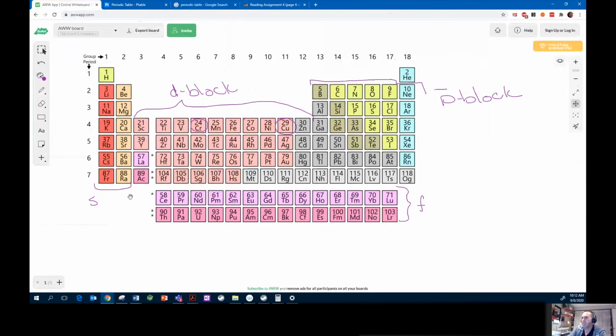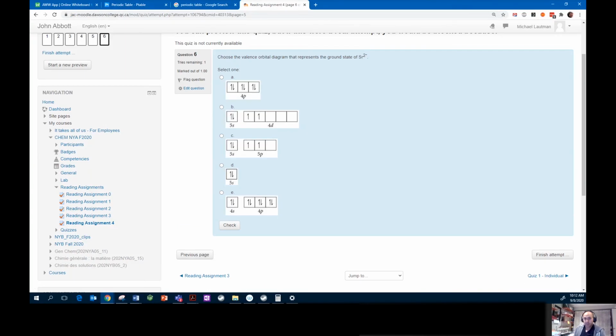So strontium is here. This is Sr. And the electron configuration of strontium is krypton 5s2. Now, the general rule is, except for the transition metals, the last electron that we add is the first electron that comes out when we're making cations. The highest energy electrons, for the most part, are the ones that are removed first when we ionize.